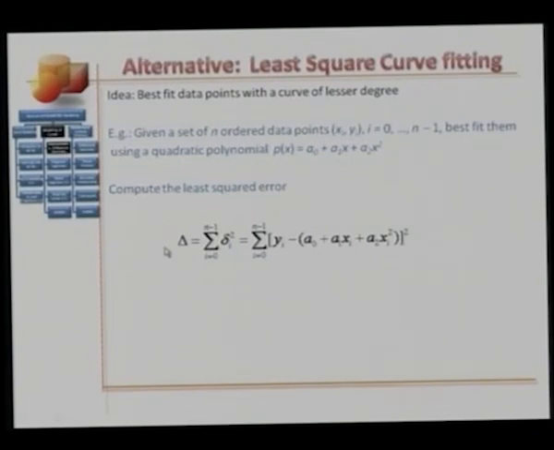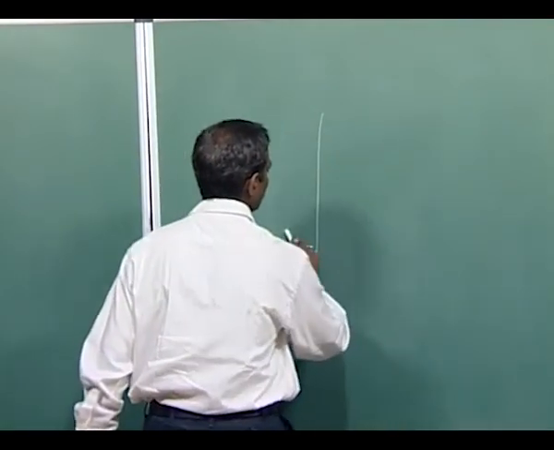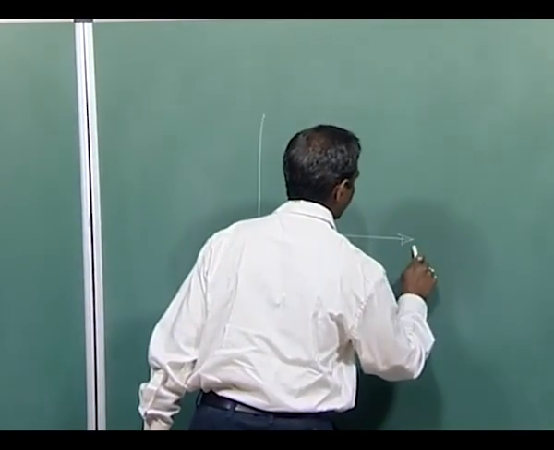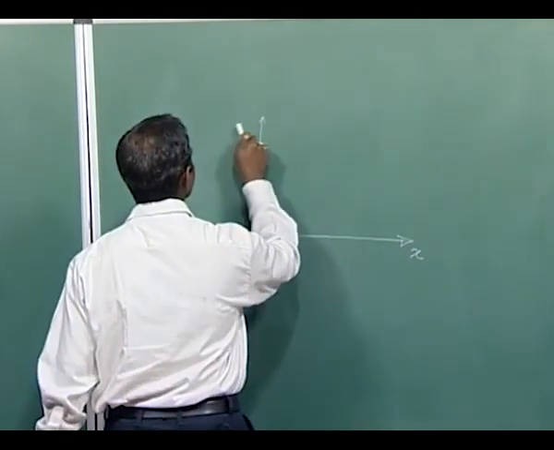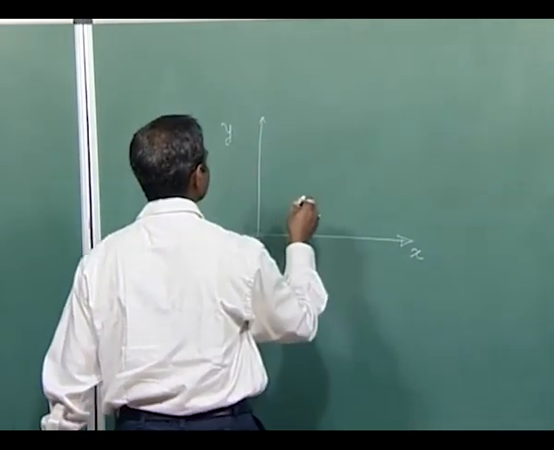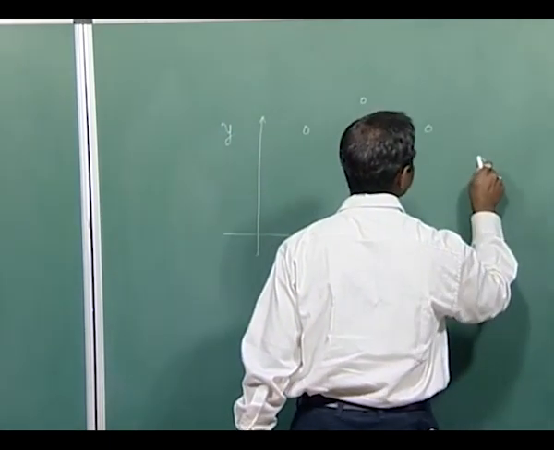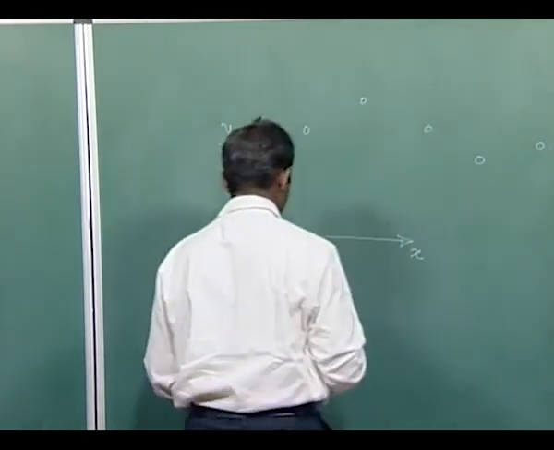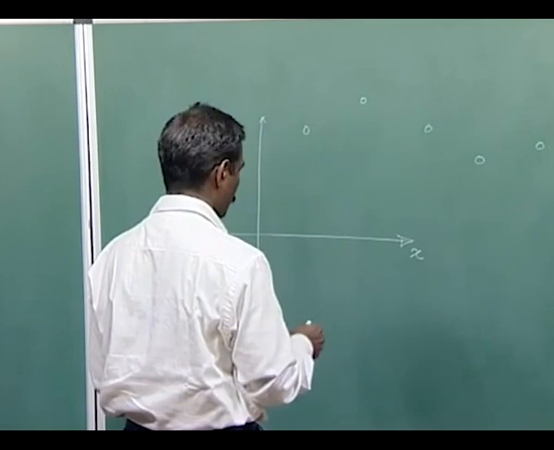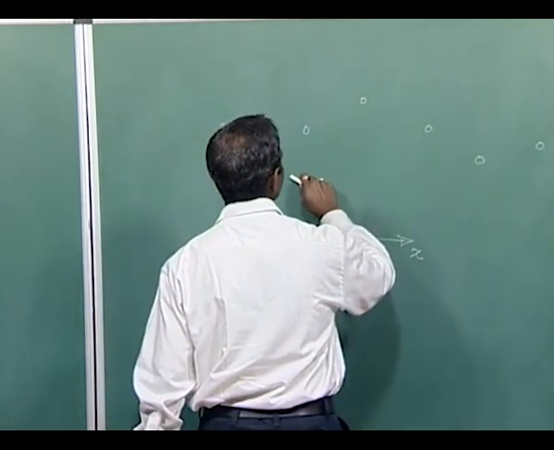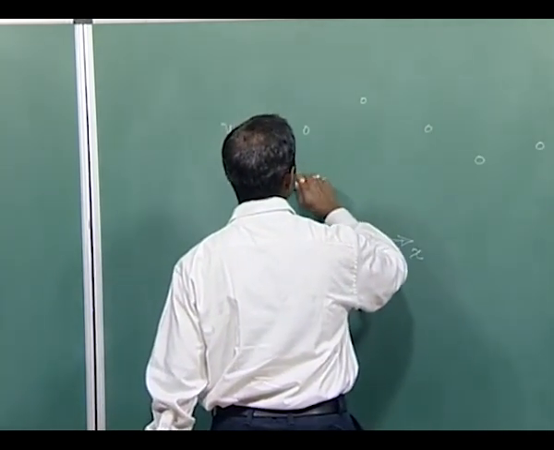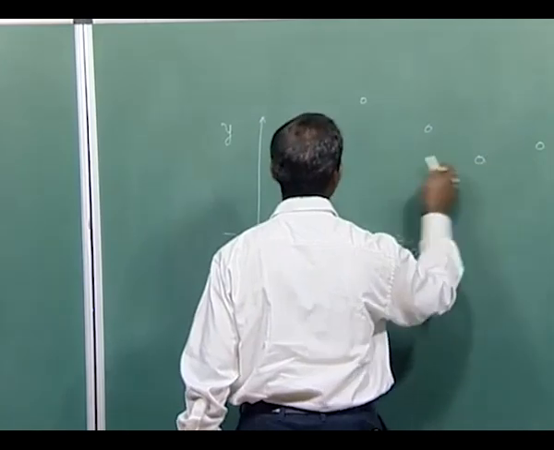What would this equation mean graphically? Let me explain on the board. Well, I start with the two-dimensional coordinate axis, x-y. Let's say we have a bunch of data points here, and we are trying to fit a quadratic polynomial, which would best depict the positions of these points.